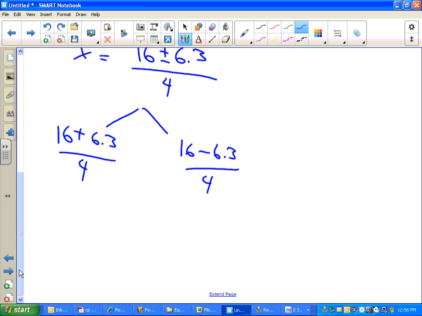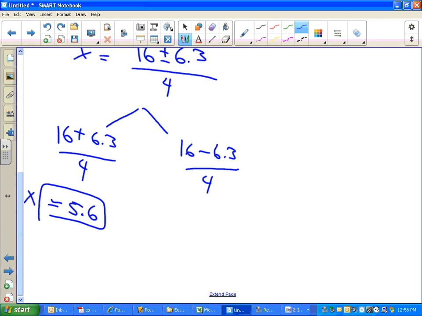Okay, now some of you will just do this in your calculator and then write the answer. 16 plus 6.3 over 4 equals 5.575, which is 5.6.